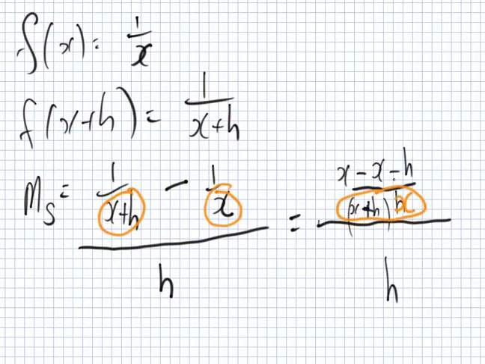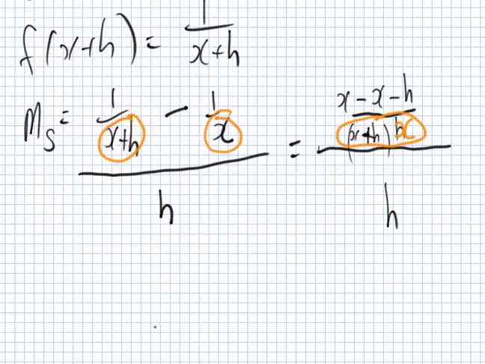Okay. So let me go down a bit. On the top, you see the x's cancel, and you're left with minus h over x times x plus h. And then this is all over h.